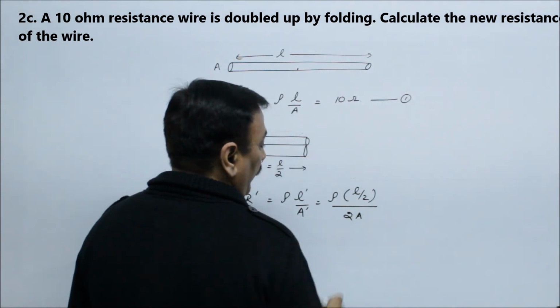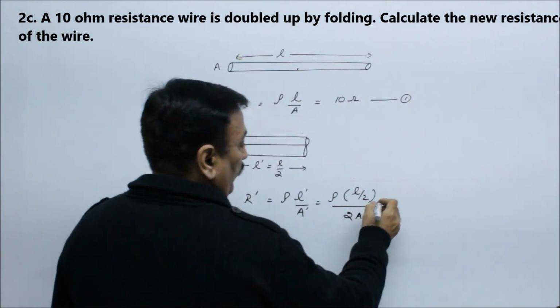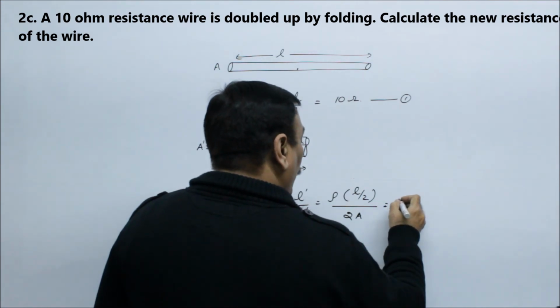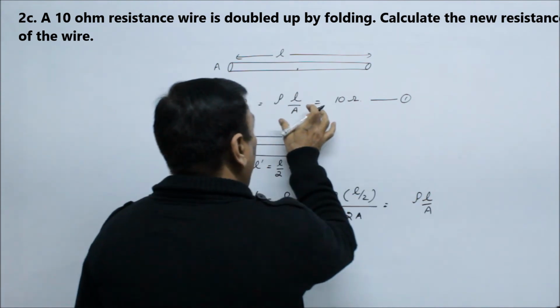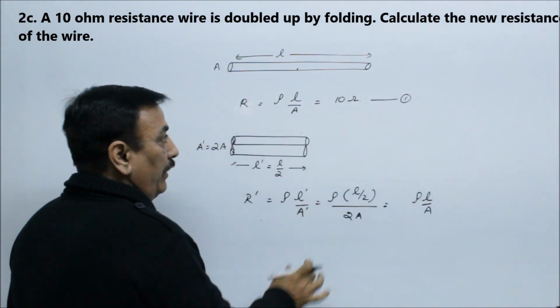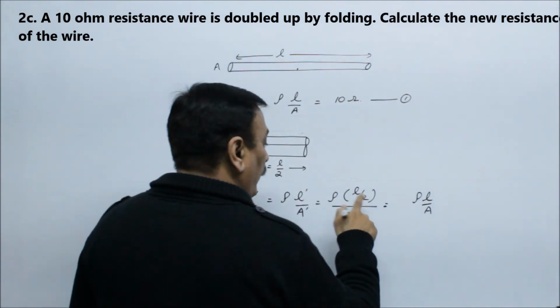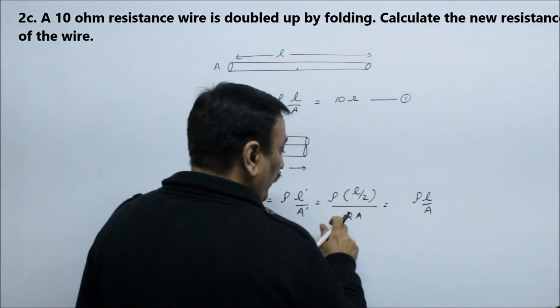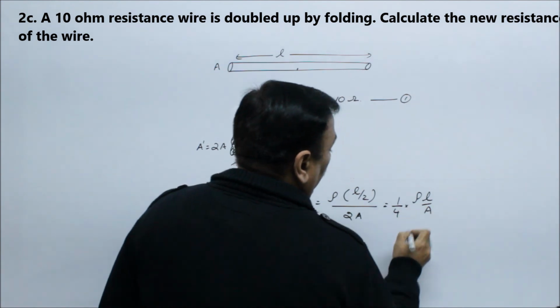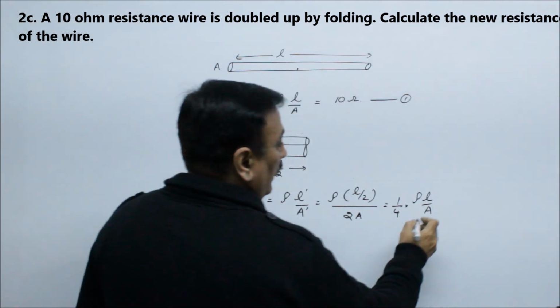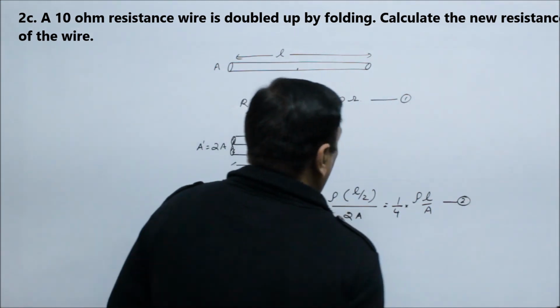It is twice of A. And you can write this up like this. So you can write it rho L over A. We have to get it in this form because in place of this you can replace what? 10 ohms. And what is extra over here? This 2 will go in the denominator, multiply with 2 and will give you 4 in the denominator. So let us call it the second equation.